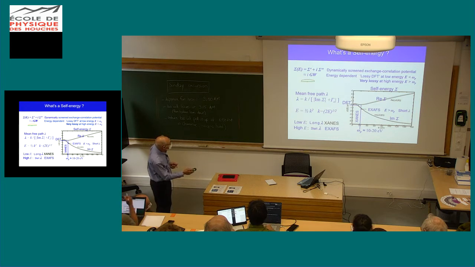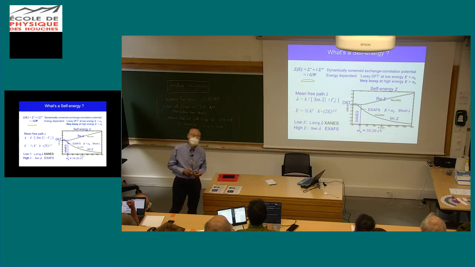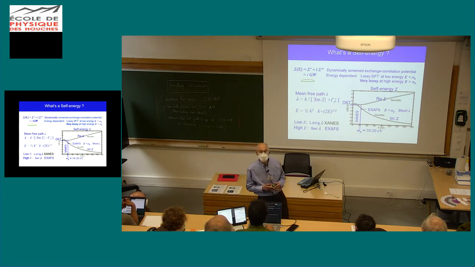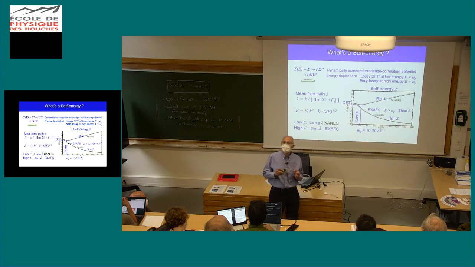And this slowly turns on. It goes to what's called the inner potential in materials, which is complex. It's several eV, and it's damped. So at high energies, you can think of an electron as moving in a lossy medium. Okay?